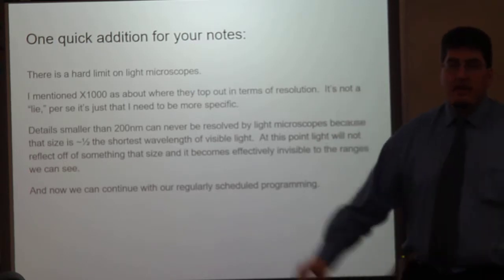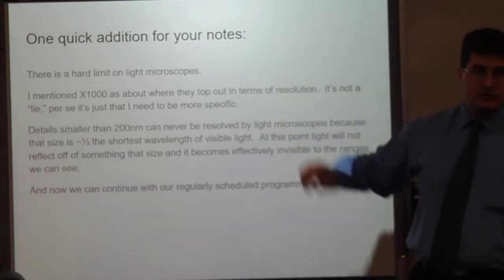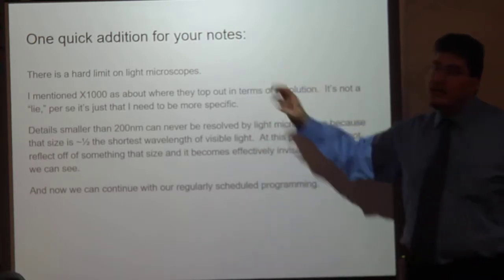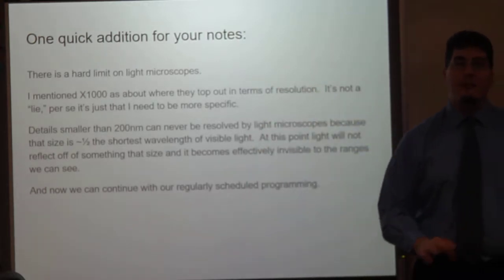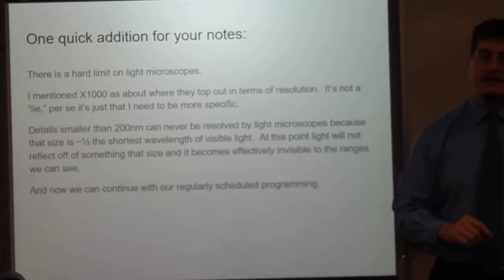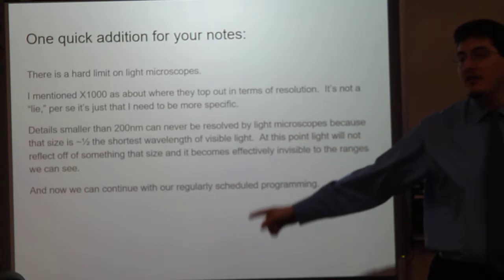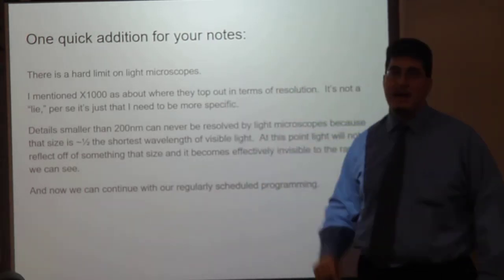On the Cambridge exam, this is a good excuse for why you can't see certain things. You cannot see certain organelles because they are smaller than this size. You cannot see membranes because membranes are smaller than this diameter.